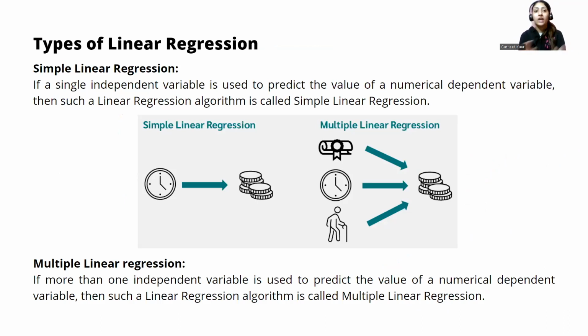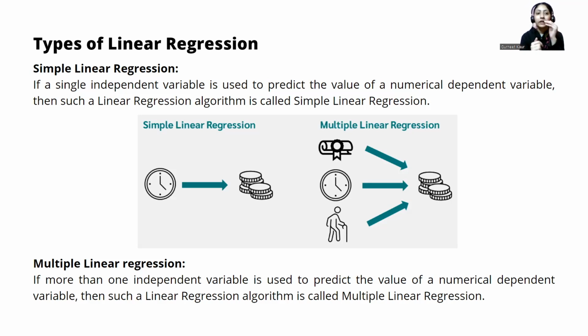We have two types of linear regression: simple linear regression and multiple linear regression. The only difference between the two is that if a single independent variable is used to predict the value of a numerical dependent variable, then this is a simple linear regression algorithm.